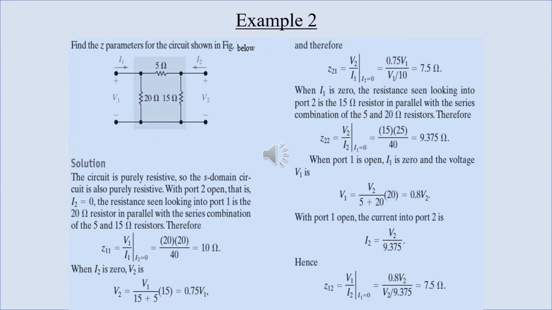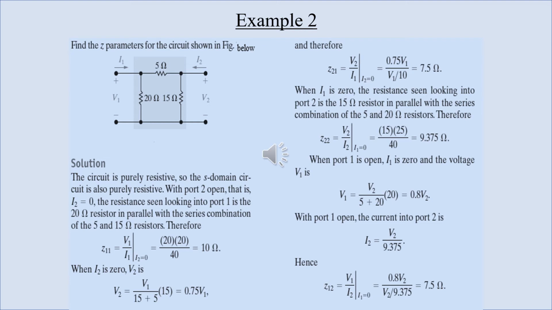We already calculated our V2 to be 9.375 I2. So 20 over 25 multiplied by 9.375 I2 will give us 7.5 I2. So V1 will be 7.5 I2 divided by I2, and that will lead to our Z12, which is V1 over I2, to be 7.5 ohms.